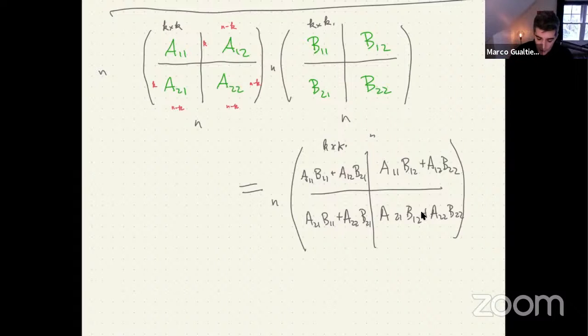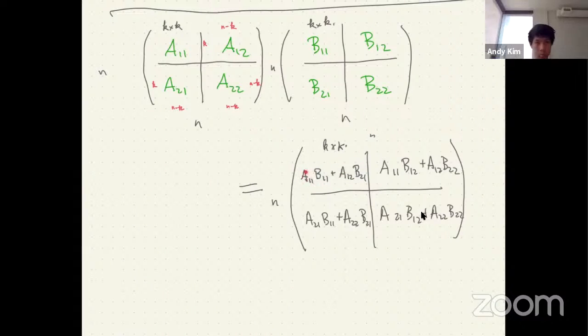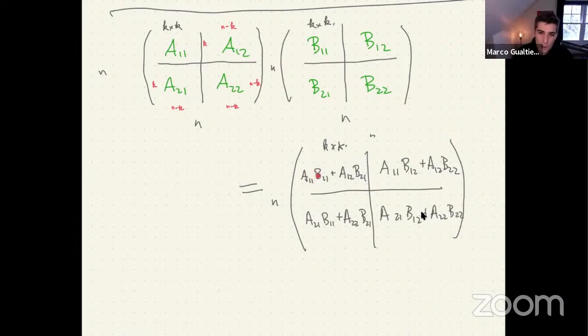But the thing you need to be careful of is that in here, this multiplication is a matrix multiplication and it is not commutative. So the order in which the formula is written is very important. If this was just a scalar, then I could just write AB plus BA and it wouldn't matter. But here the order is important in this formula for block matrix multiplication.